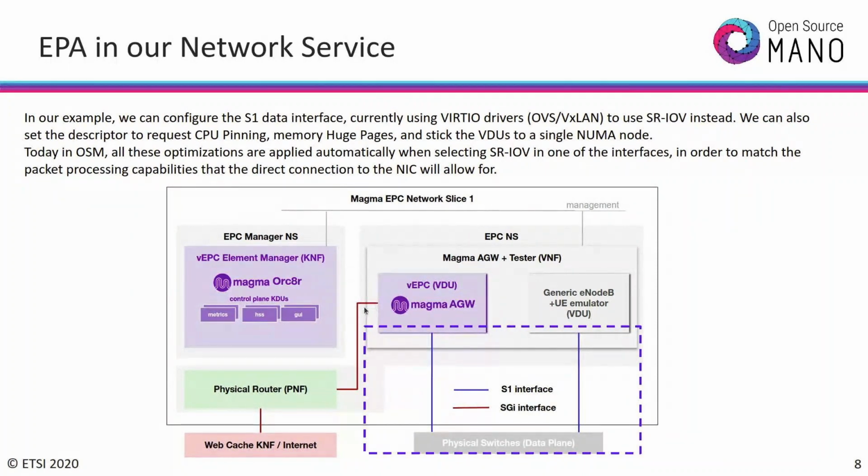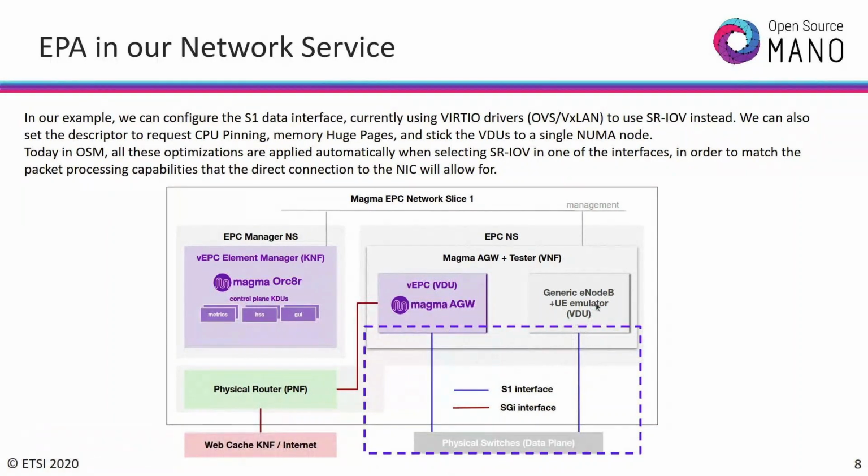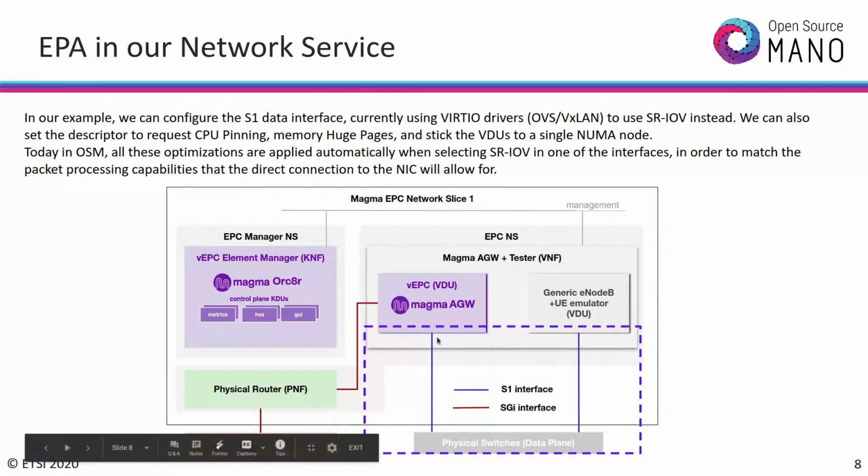So this is the data plane. In these two interfaces, in the real world, I would need to apply these techniques, for example SR-IOV, and the packet core for sure. If it's handling data plane, it needs to support a lot of throughput. Then we would use all these techniques together in this kind of VNFs. So in this example, we are configuring SR-IOV between these two ports, and so we are exposing these two VMs to the external world directly, and we have some physical switches outside that we control through the SDN assist feature.